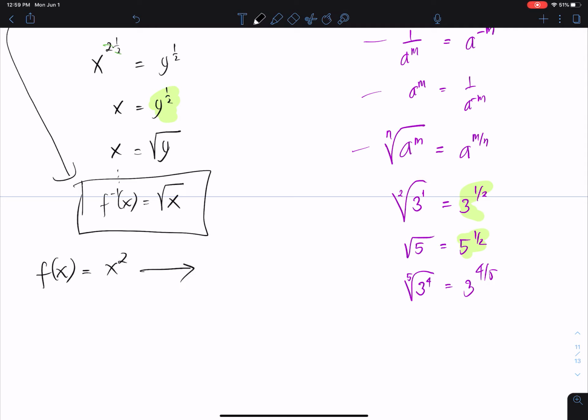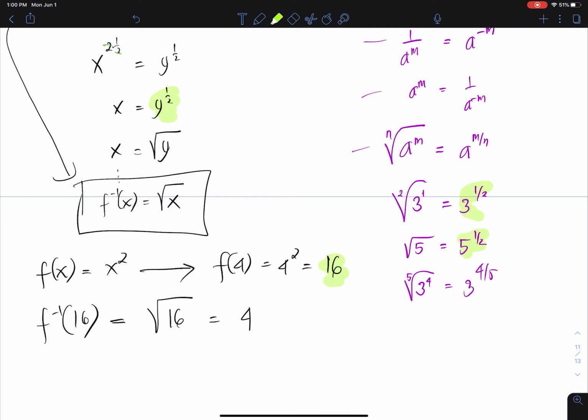If we try any number, f(4), so 4 squared, that will be 16. Now we try to bring this number back to the origin using the inverse function. So f inverse of 16. The inverse function is the square root of 16. The square root of 16, you know it already, is 4. Voila, you get it back.